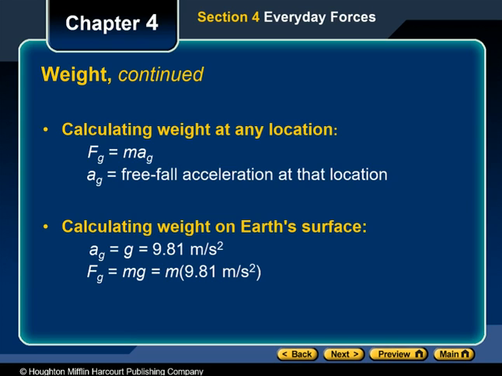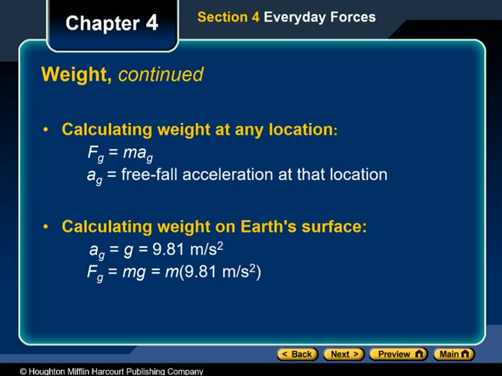On the surface of Earth, a_g is equal to g, and F_g is equal to mg. In this course, g is equal to 9.81 meters per second squared, unless otherwise specified.